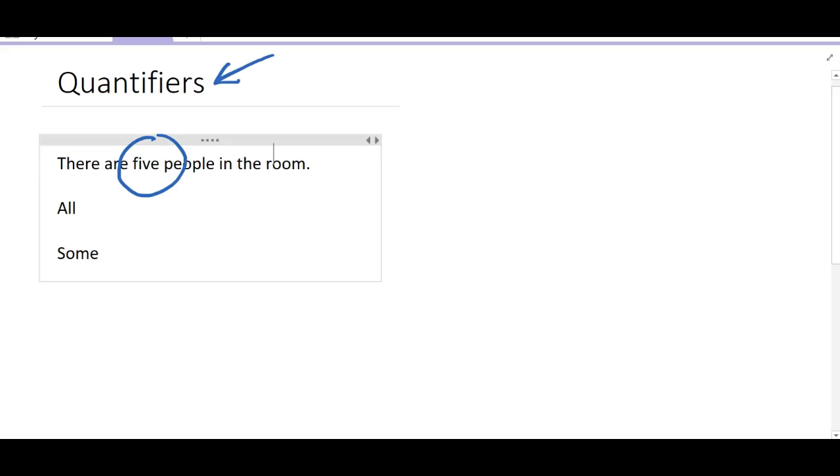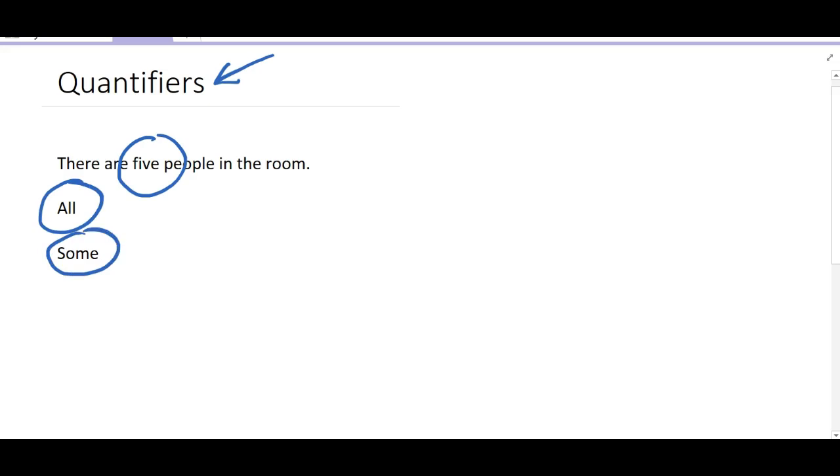Now, from the point of view of logic, as you know from our previous study of categorical logic and the syllogisms and so forth, there are 2 very important quantifiers, and these are the words all and some.